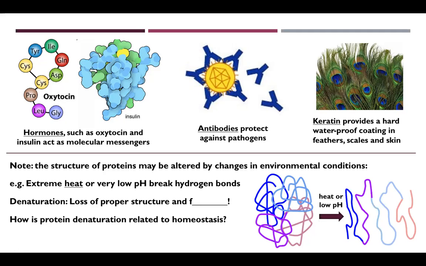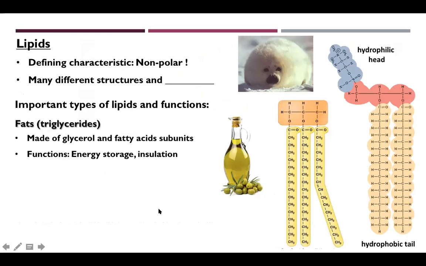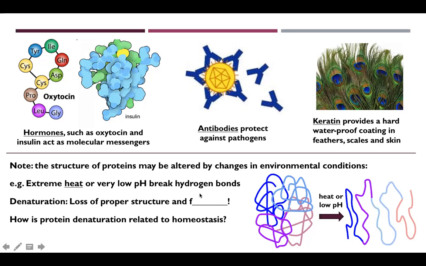If those bonds are broken from heat or really low pH, then we don't have our normal structure. It's all disassembled, just one polypeptide string. It doesn't have its shape anymore. So this denaturing, the loss of its proper structure, means that it also loses its function.